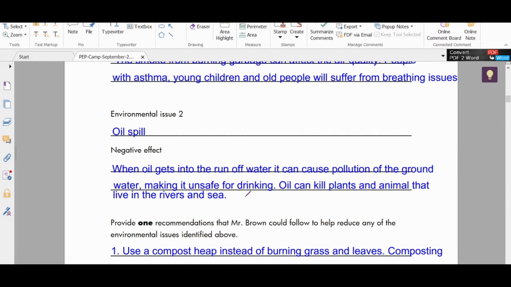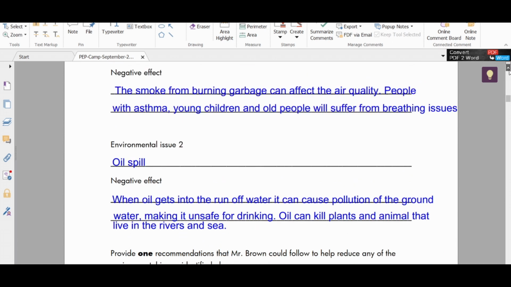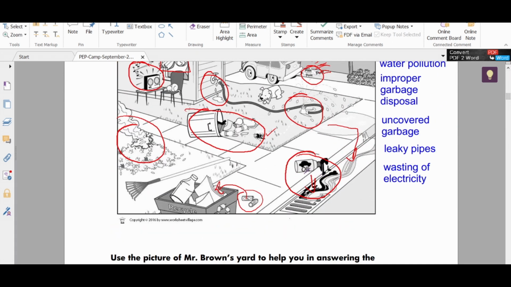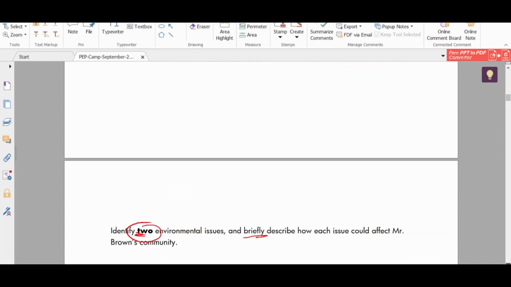Another issue is the oil spill, or in this case water pollution. Let's go back up to this part of the picture. Here we had oil, and that spills into the drain area, and the excess water is carrying that into the drain. What will that do?